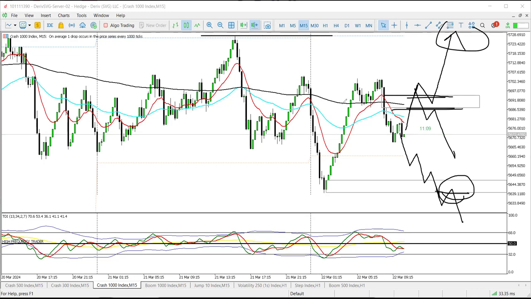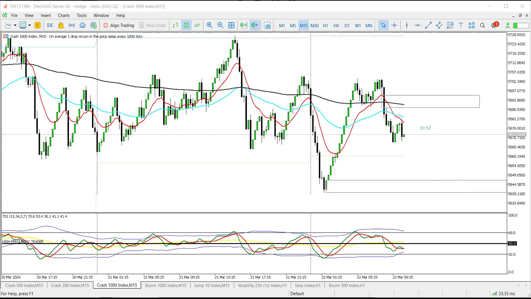So this zone is a point of interest for me. I just want to see if price is going to get here, how are we going to act in that area before I actually decide to take a trade. Then I think that's my view for C1000. Nothing too drastic there.